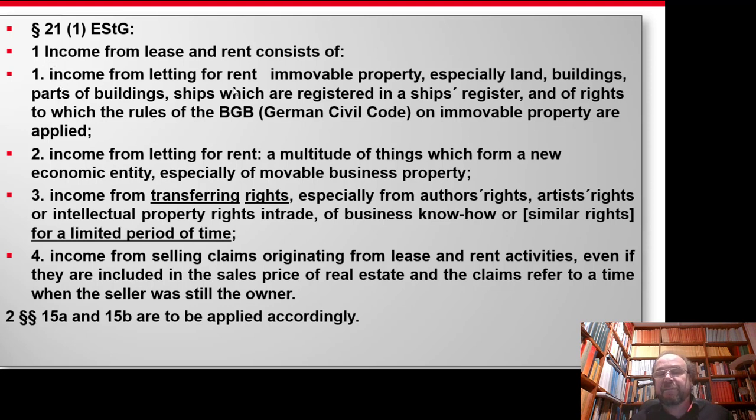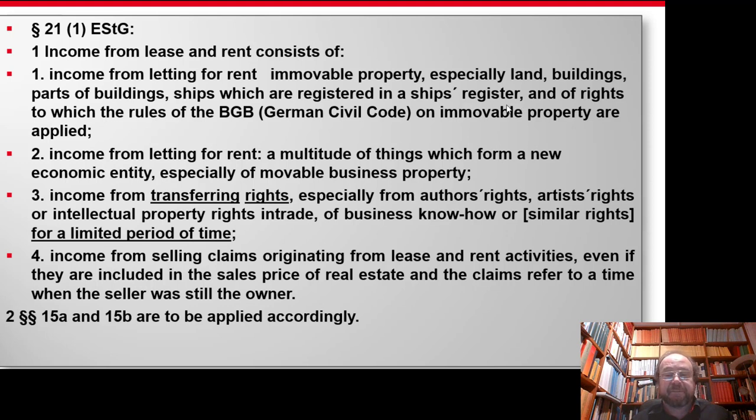Number 1, income from letting for rent immovable property. And indeed, houses don't move apart from cases where you have a very big earthquake. And so houses are called immovable property, especially land, buildings, parts of buildings, ships, which are registered in a ship's register.